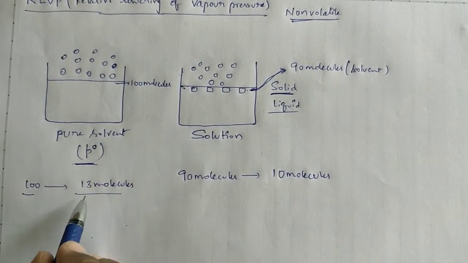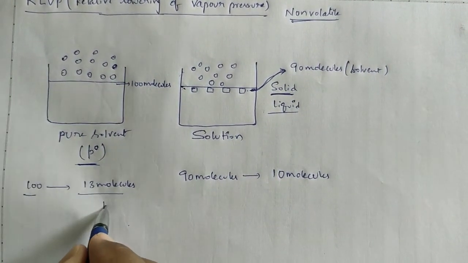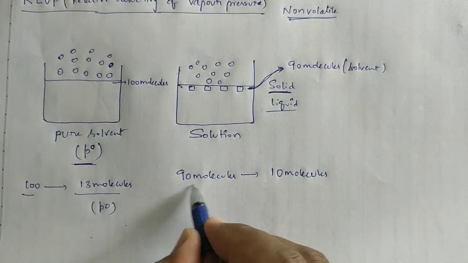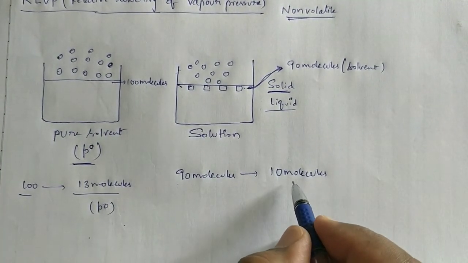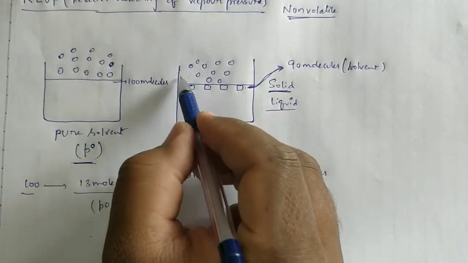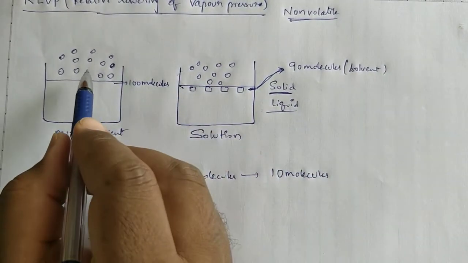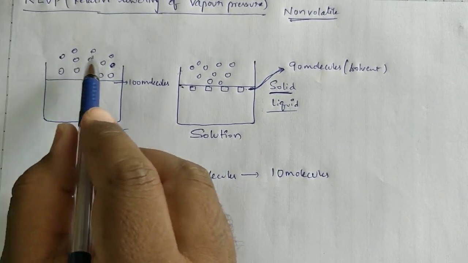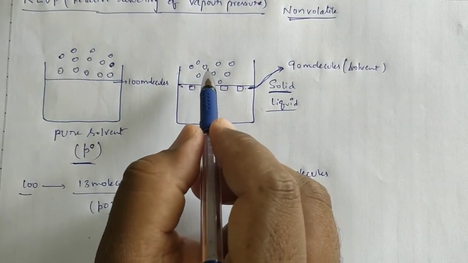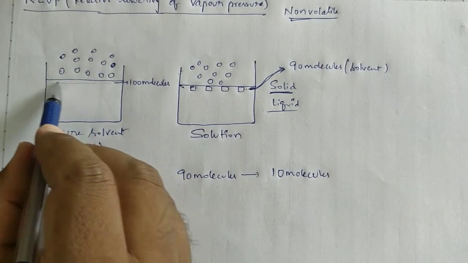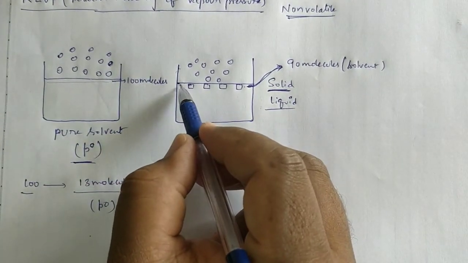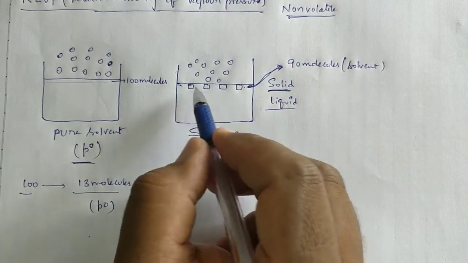Out of 100, 13 molecules were escaped, because of that the pressure is P0. Now out of 90 molecules, only 10 molecules escaped into the gaseous state. Why these 10 molecules? For example, I am telling here, because when compared to the molecules present in the gaseous state, this number is less, because some molecules of water are displaced by solid particles.